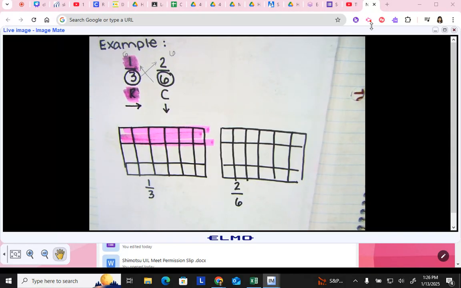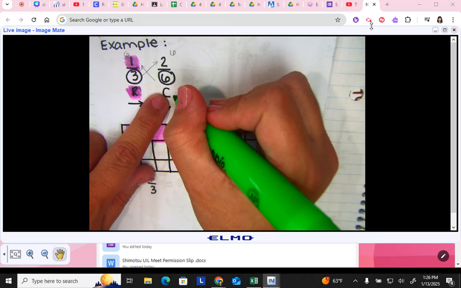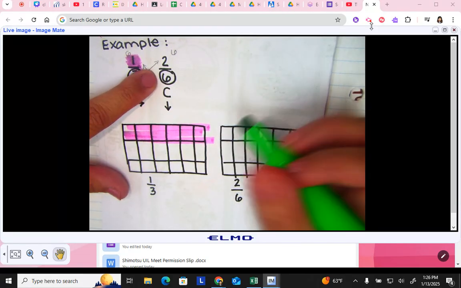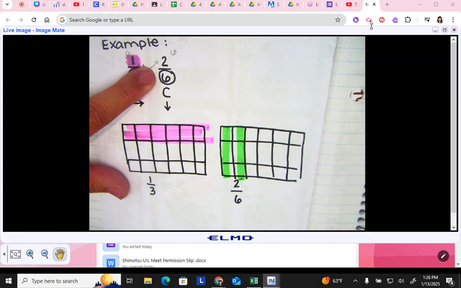Now it doesn't have to be perfect. Remember that in math, we just color to mark. Now in the second fraction, the numerator names the number of the chosen ones. The second fraction dictated my columns, and it says I have 2 out of 6 columns. So I'm going to shade 2 out of the 6 columns.